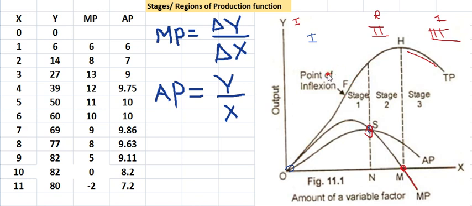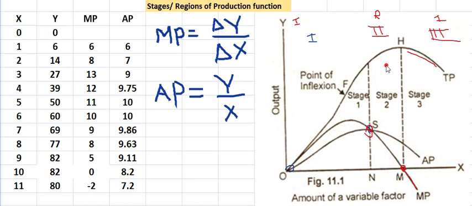Therefore, this region is called irrational, and the second region is rational, and there may be sufficient utilization of resources, and we can locate the highest point of output or highest point of profit in this region.